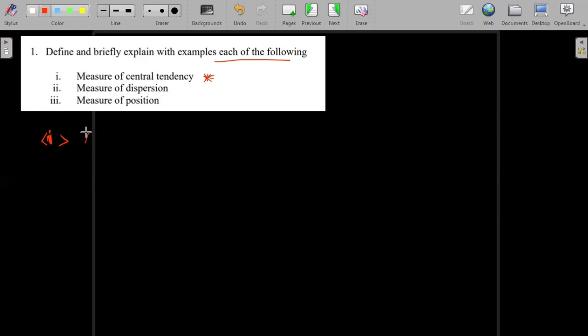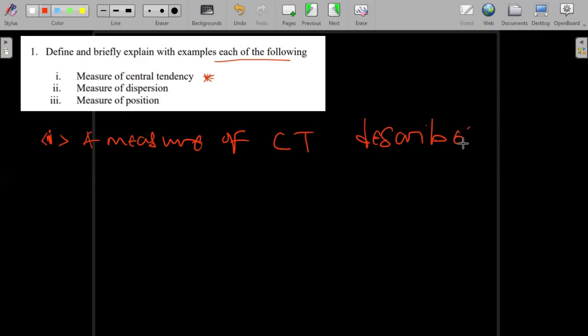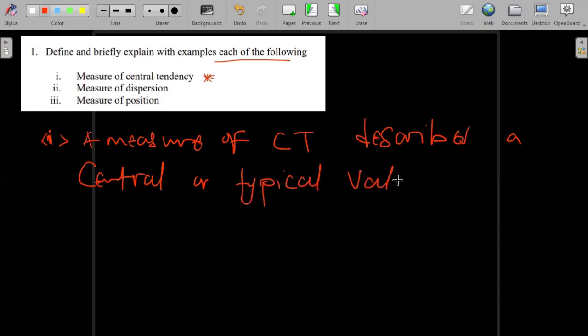Okay. So a measure of central tendency, maybe I should be writing, I'll just put CT, describes a central or typical value in a data set. So this is what we call a measure of central tendency.